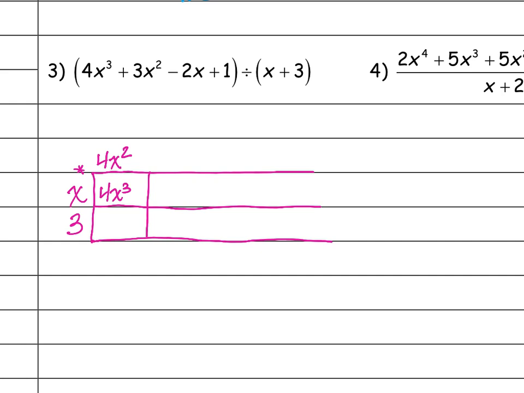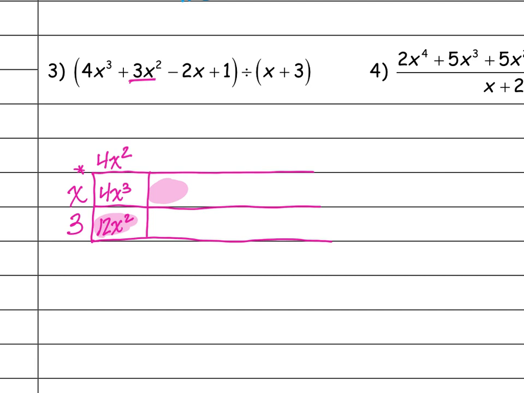Because that's what this is. So I'm going to multiply 4x squared times 3 gives me 12x squared. Okay, so now the question becomes, my next term, when I add this like term to the like term that should be here, I should get a total of 3x squared.